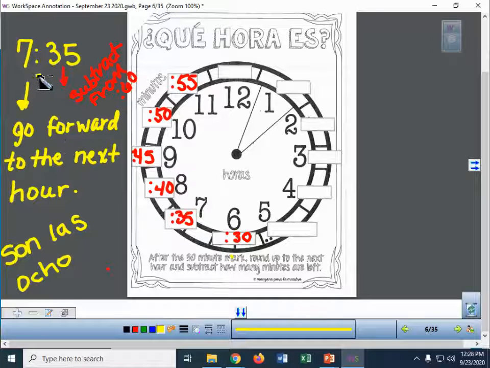And remember, we're no longer using y, we're using menos. Son las 8 menos 25.